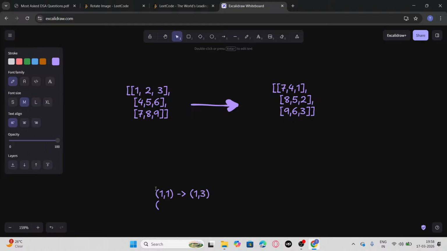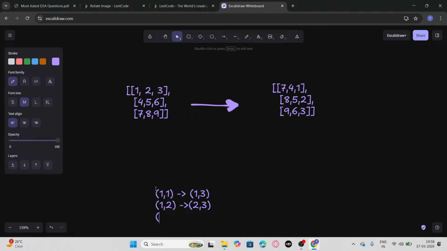And this 1 comma 2 is going to 2 comma 3. There has to be some pattern. If there is no pattern, then that would be an issue. And how would I solve it?